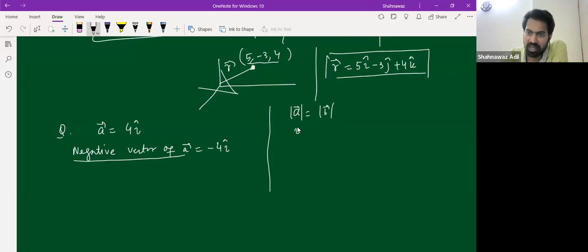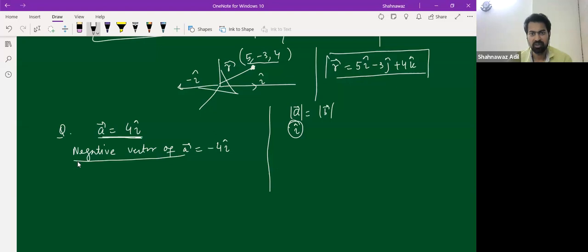So this is the i hat direction. What is the opposite of this i hat? The opposite is minus i. So what is the magnitude of this vector, Nabila?